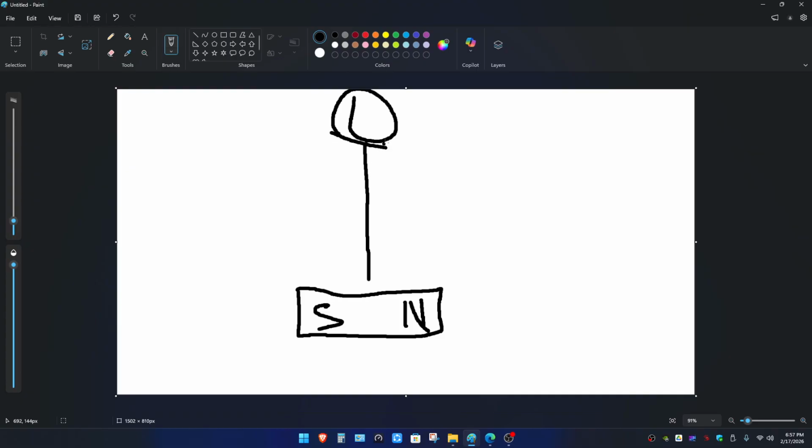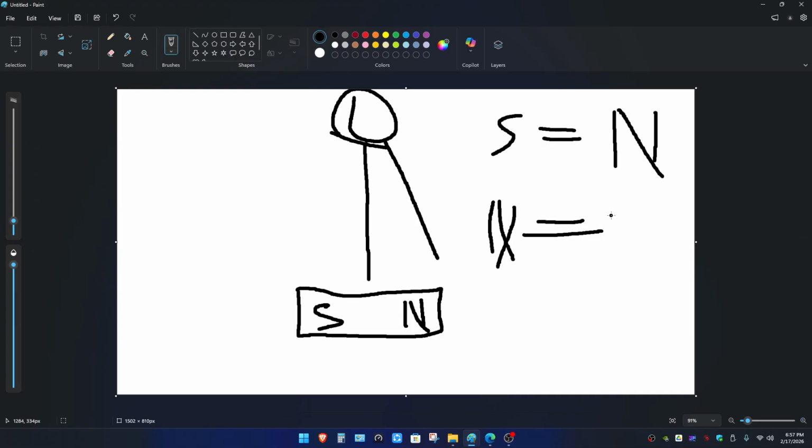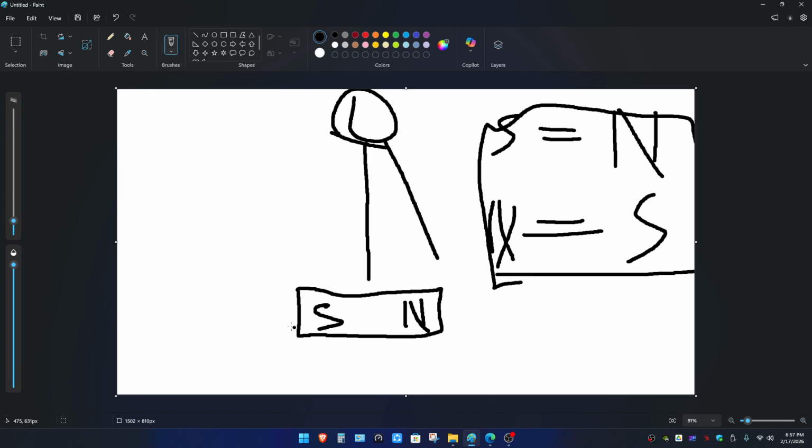The S part of the ball will get attracted to the N part of the ground, and the N part of the ball will get attracted to the S part of the ground, and eventually it will fall in the proper place. So there are many small N and S on the ground and on the ball also, which is why they get attracted. Now what will happen if in some places the density factor happens?